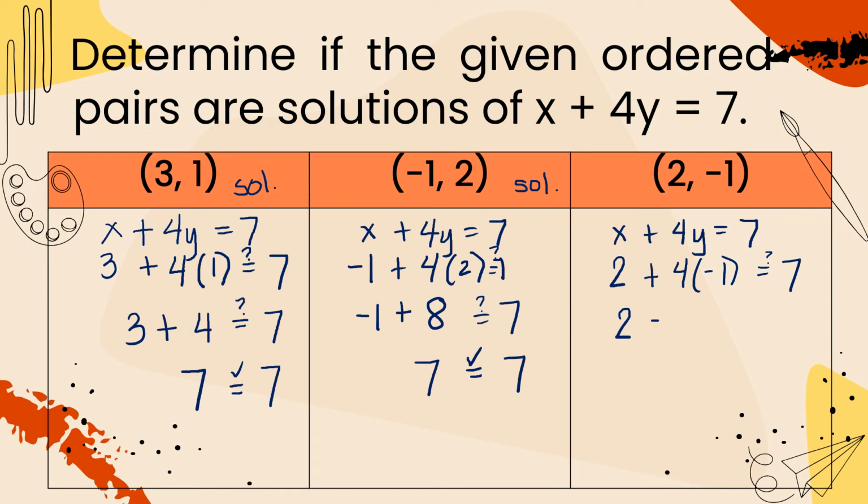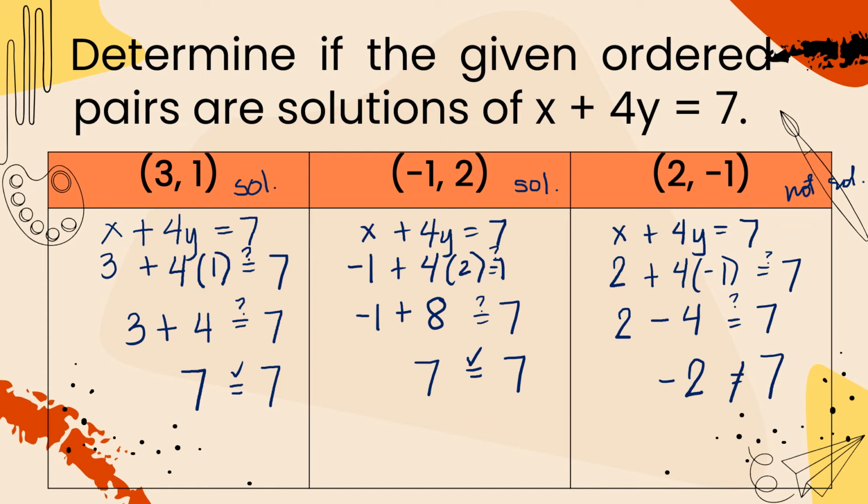So we have 2 minus 4. Then we have 7. What is 2 minus 4? Correct, that is negative 2. And negative 2, is it equal to 7? Correct, they are not equivalent. So therefore, this is not a solution.